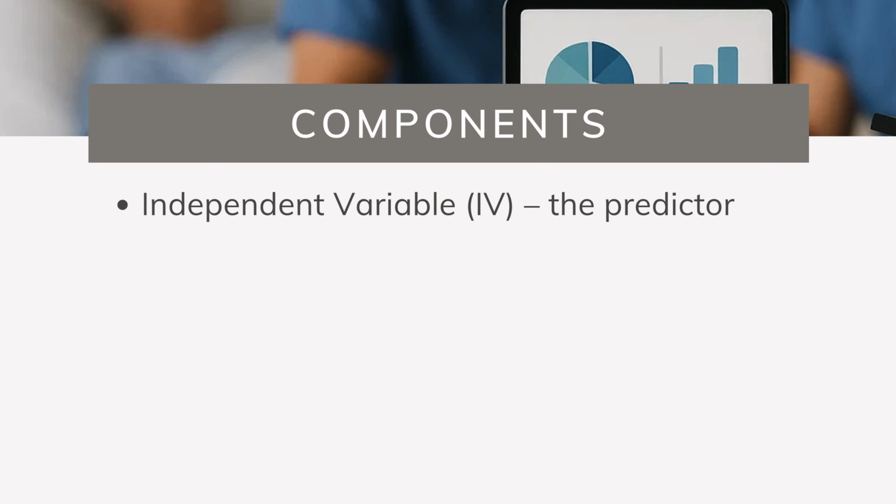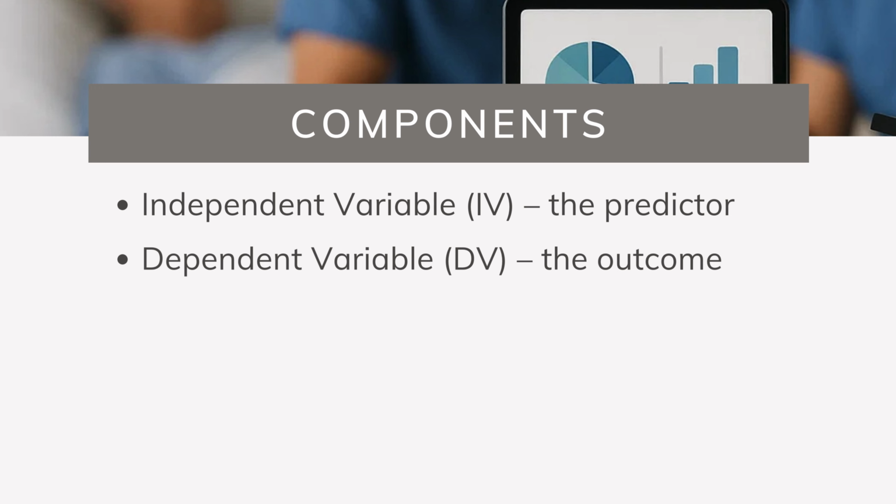For example, in a study about academic stress and academic performance, the stress level is your IV because you hypothesize that it affects their academic performance. This is sometimes referred to as the manipulated, or as I have said, the predictor variable. Although in non-experimental designs, you do not manipulate, but rather observe naturally occurring differences.